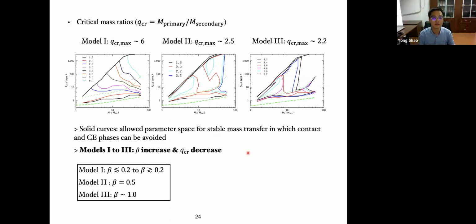And this diagram shows our calculated critical mass ratio distribution as a function of the primary masses and the orbital period for the primordial binaries.